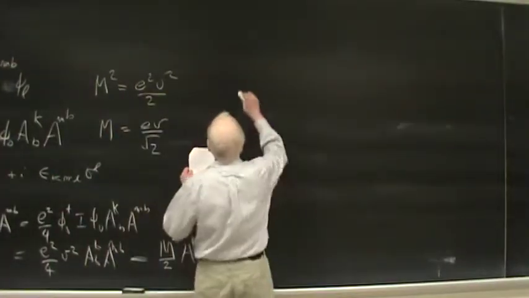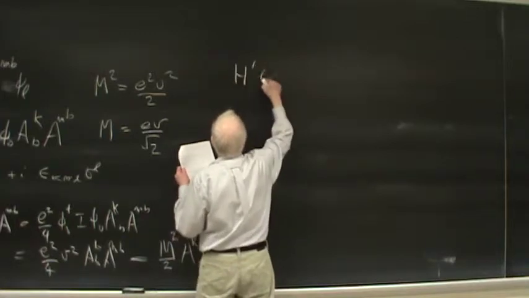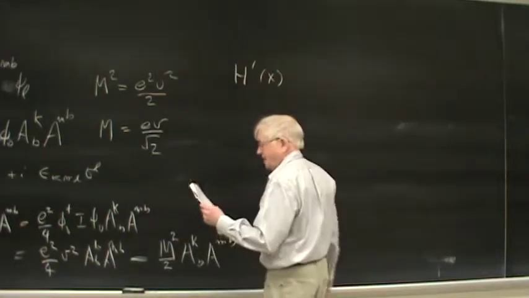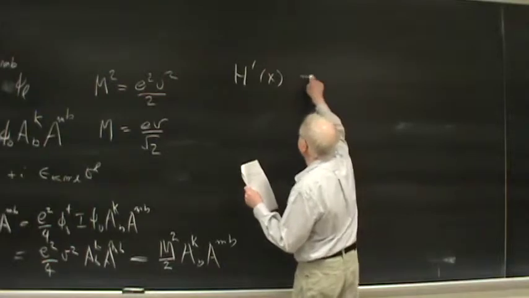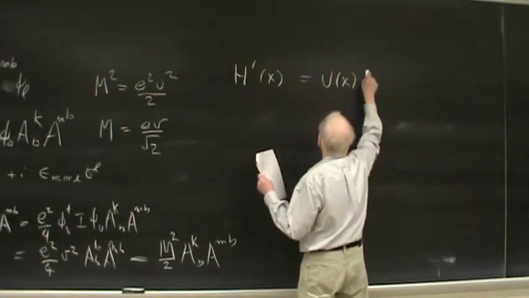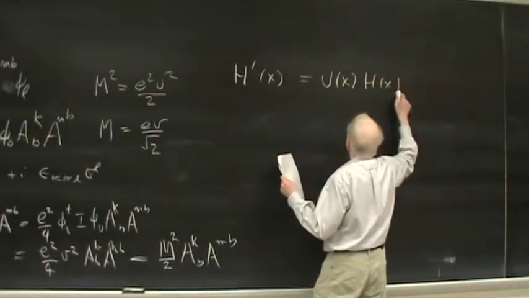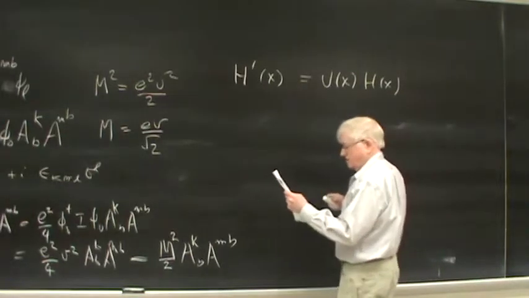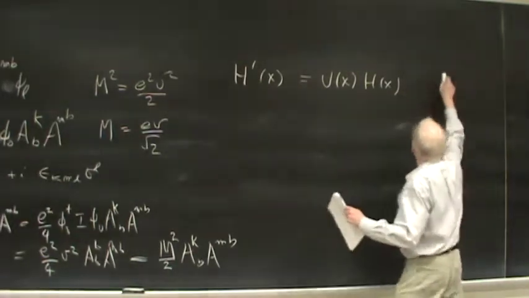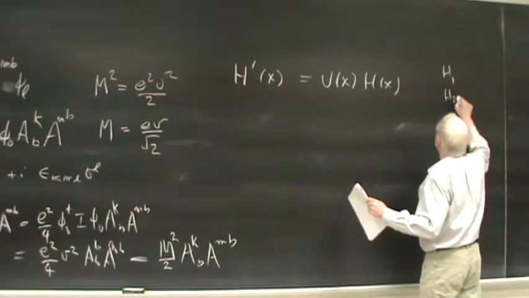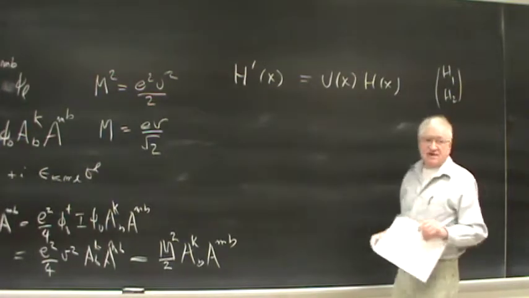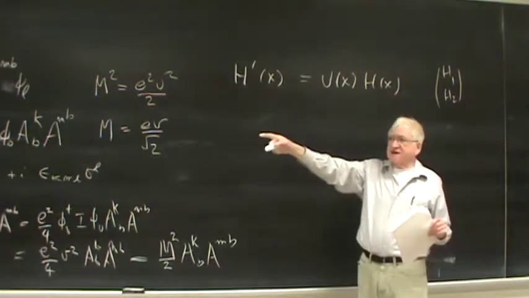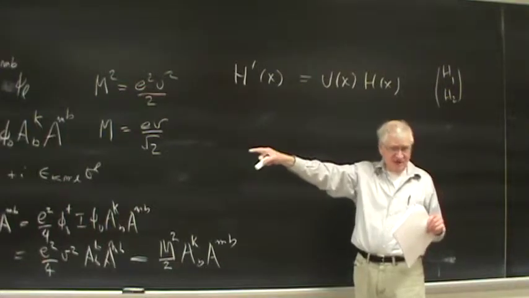Okay, so for the Higgs mechanism, I'm going to change notation a little bit. I'm going to replace phi by capital H. The symmetry is U(x) H(x). H is a doublet, so it's basically H1, H2, like that. Each H is complex. So the Higgs structure is the same as over there.